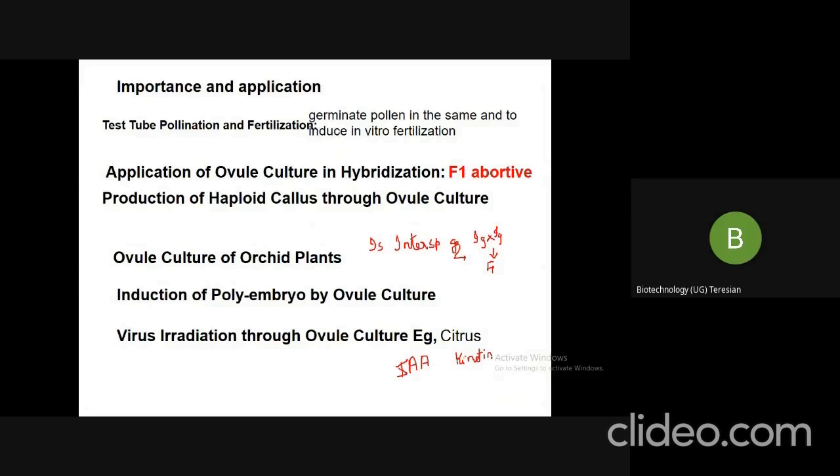Another important point regarding the ovule culture is it is generally believed that the obligate root parasite, okay, obligate root parasite means in the root there are certain parasites which have to live in combination with the root. So they are called the must and should.